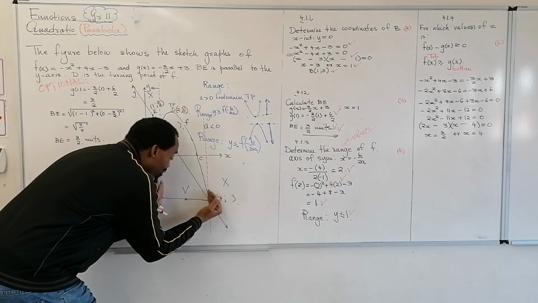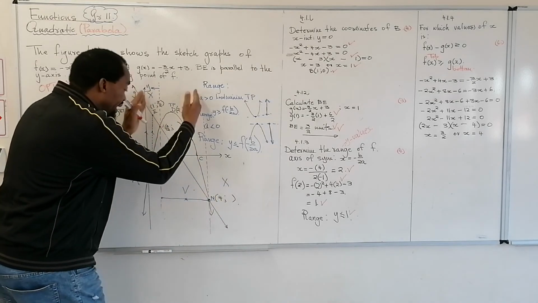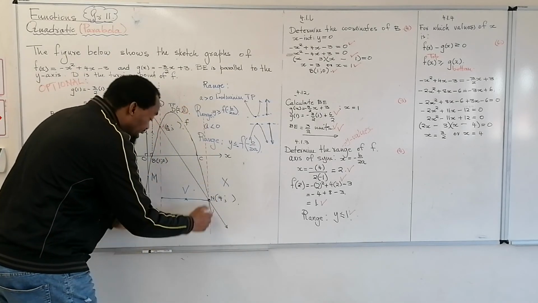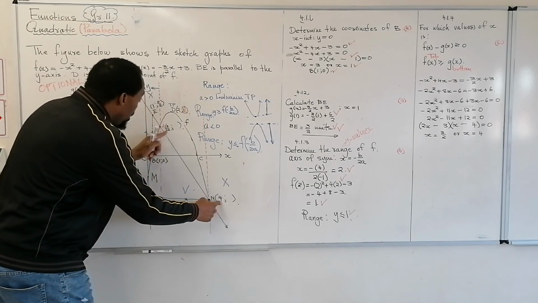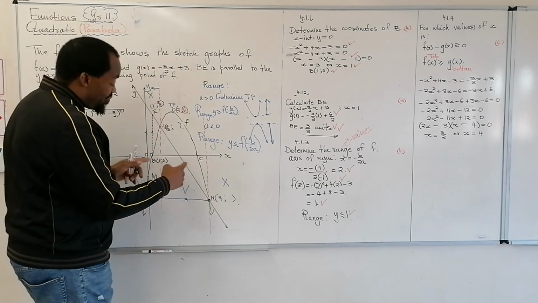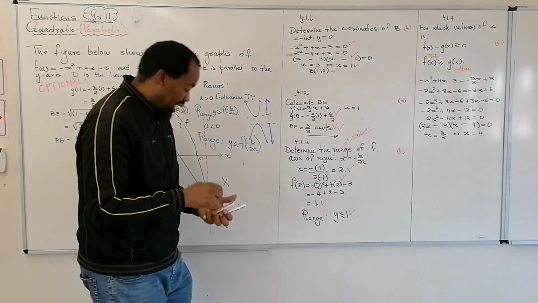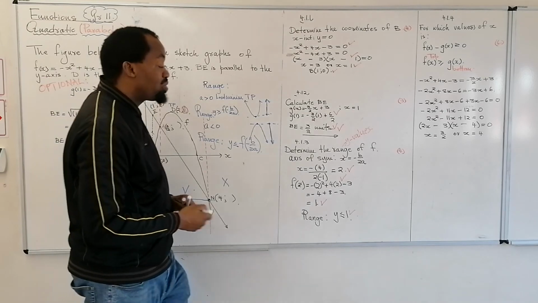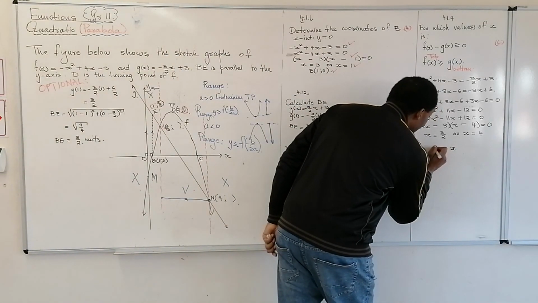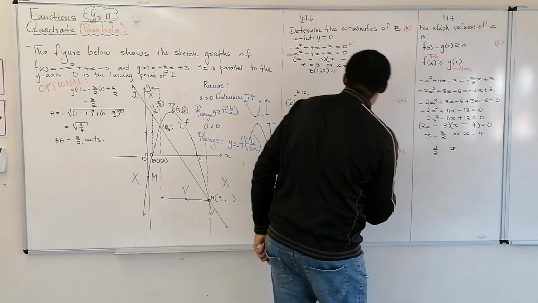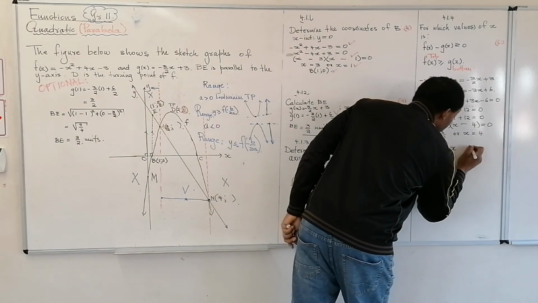The values of x must always be between the red lines. And who are the red lines? Those points. The values of x for that to happen must be between the red lines. Now, I'm going to keep the values of x between the red lines. The red line is 3 over 2 on that side, then this side it is 4.